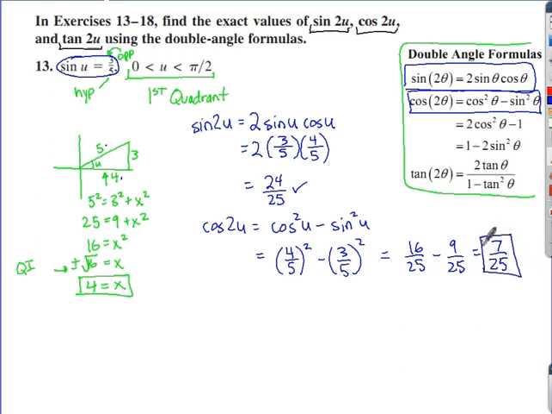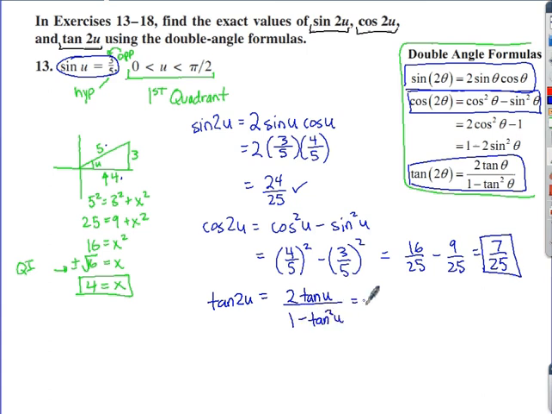Almost done. The last one is the tangent. We can use this formula. Tangent 2u equals 2 tangent u over 1 minus tangent squared u.